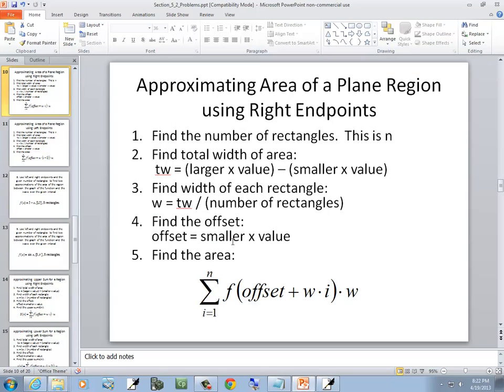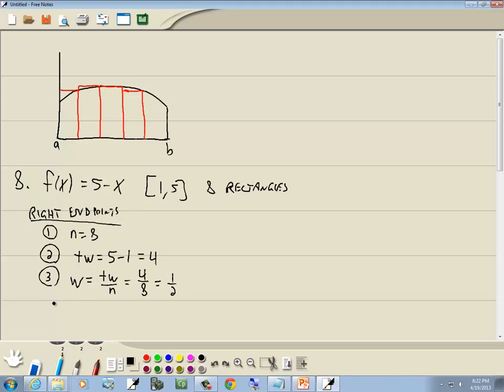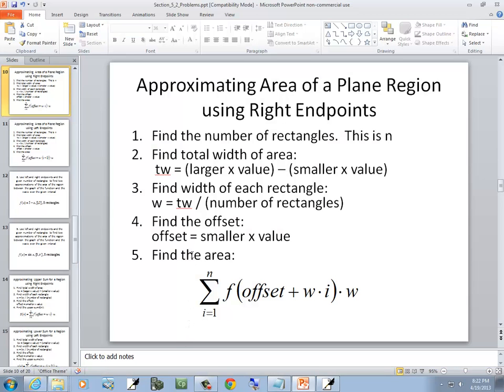Find the offset. Offset is the smaller x value, so our offset here is going to equal 1. Then we want to find the area using this formula here.